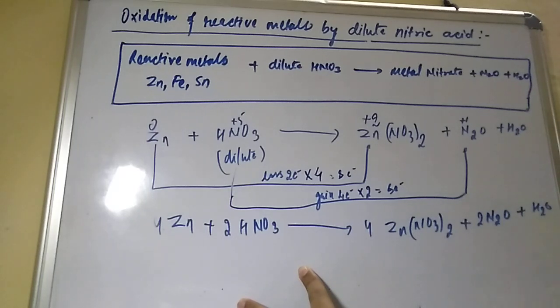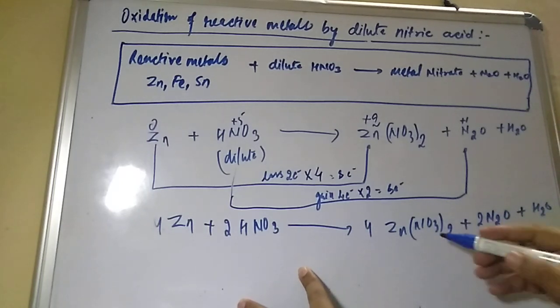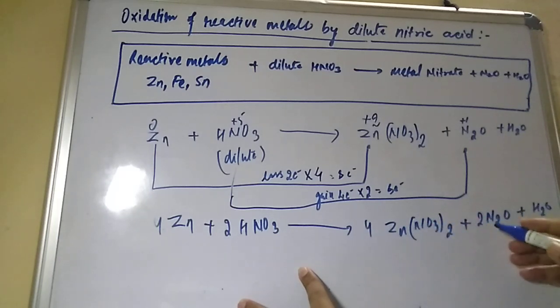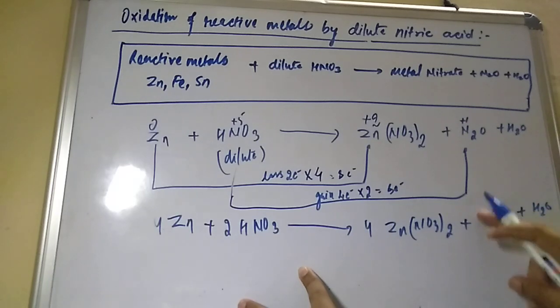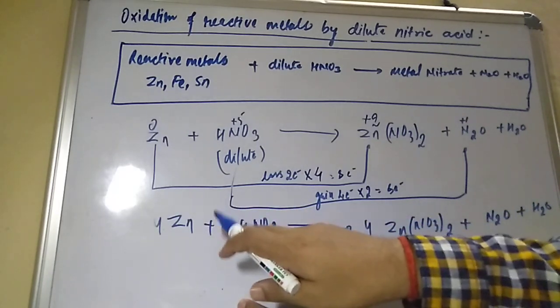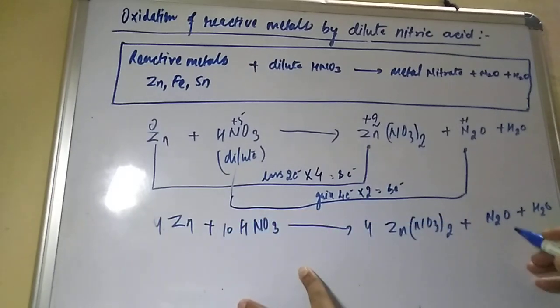Now you balance the nitrogen. Here 2 and 8 makes 10. So simply you put 10 HNO3, and the nitrogen is balanced.